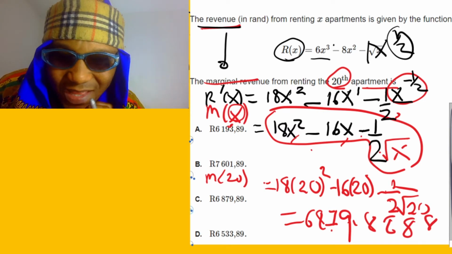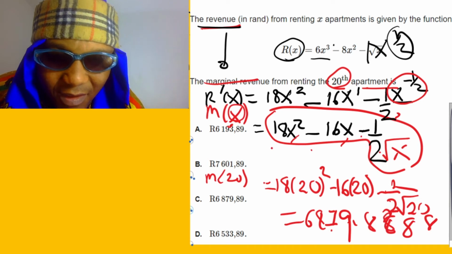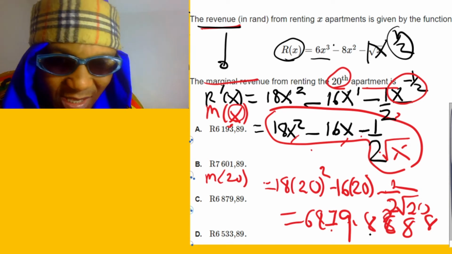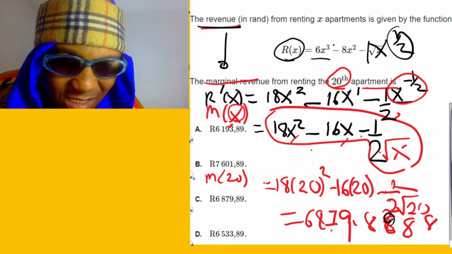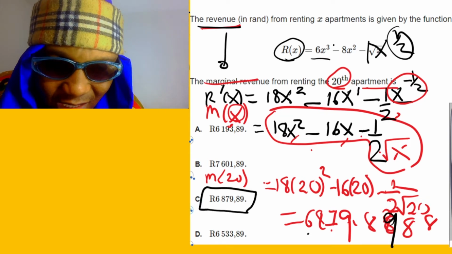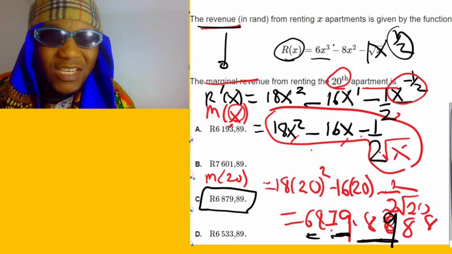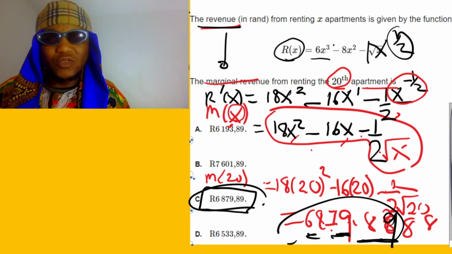But we can approximate that one, right? If I approximate to 2 decimal places, this is going to become 89, and the answer is going to be 687989. Okay, so this is our marginal function. So we're done with that question.